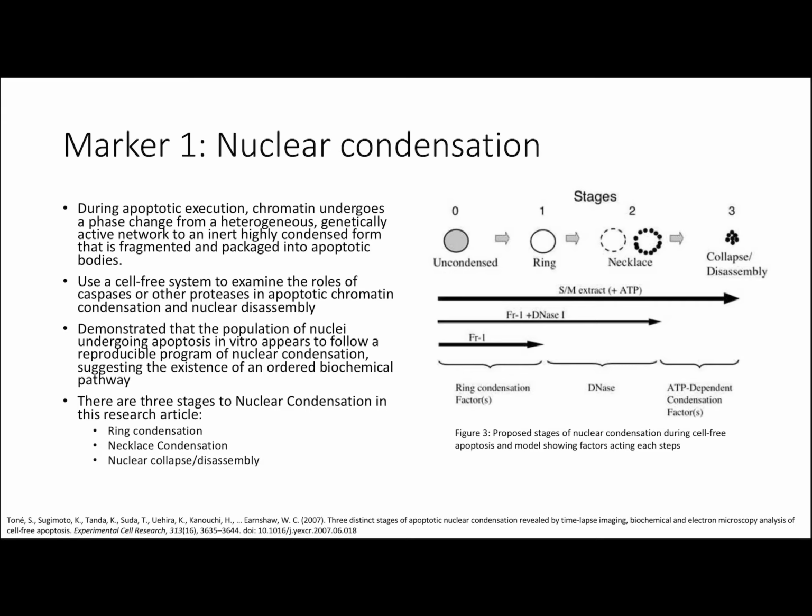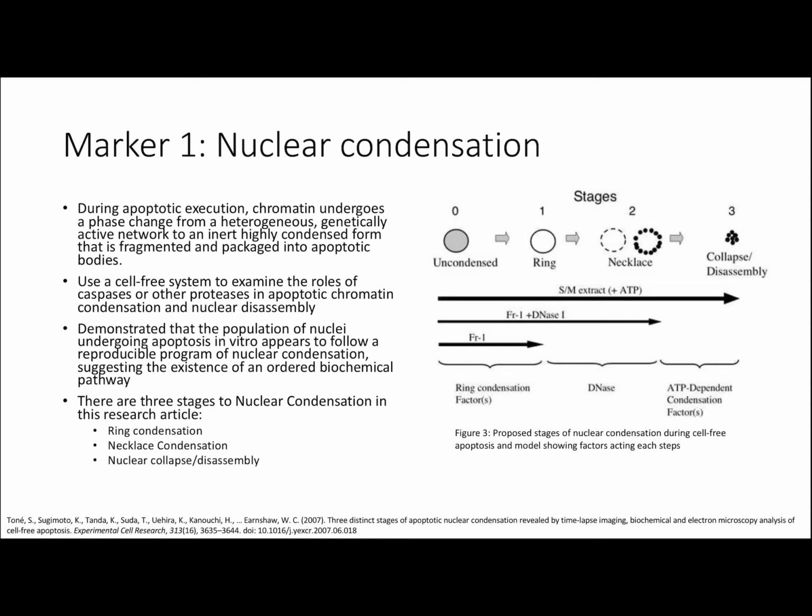This demonstrated that the population of the nuclei undergoing apoptosis in vitro appears to follow a reproducible program of nuclear condensation, and this suggests the existence of an ordered biochemical pathway.